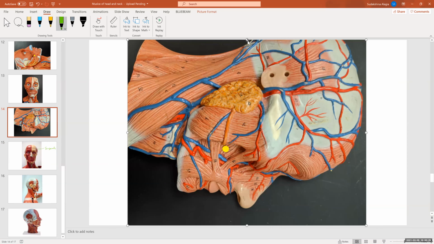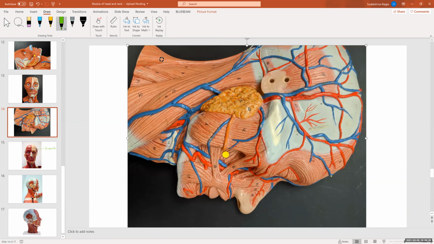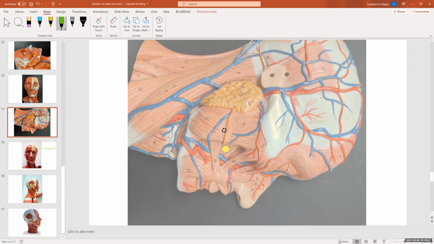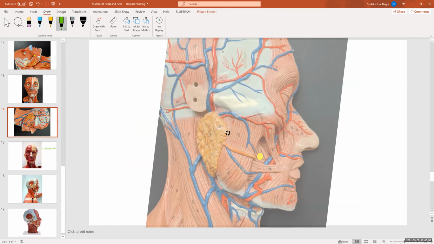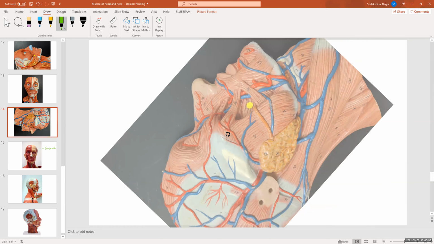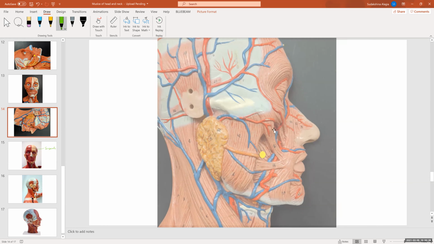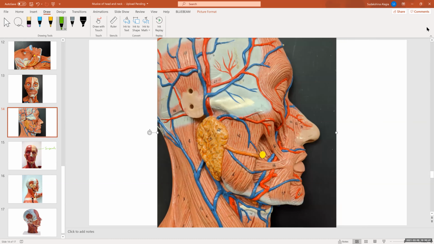For this model, I'm going to rotate it a little bit. So compare that with this.